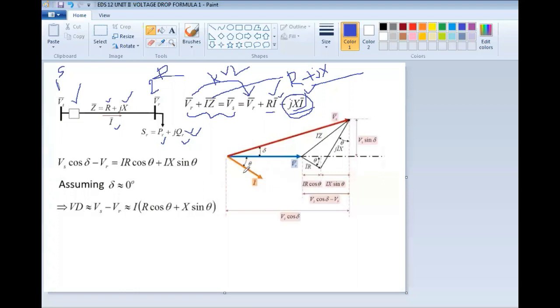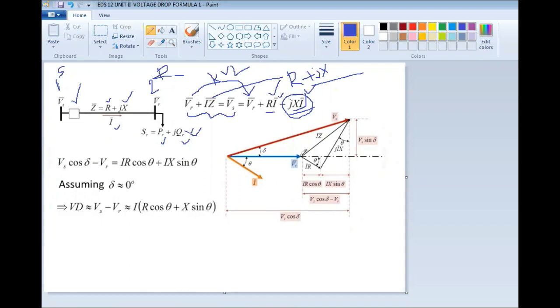So this is the current I, and the resistive drop is parallel with the current. If you draw a phasor at 90 degrees with respect to IR, you get this point. From the end of IR, you draw the JIX, which is the reactive drop.